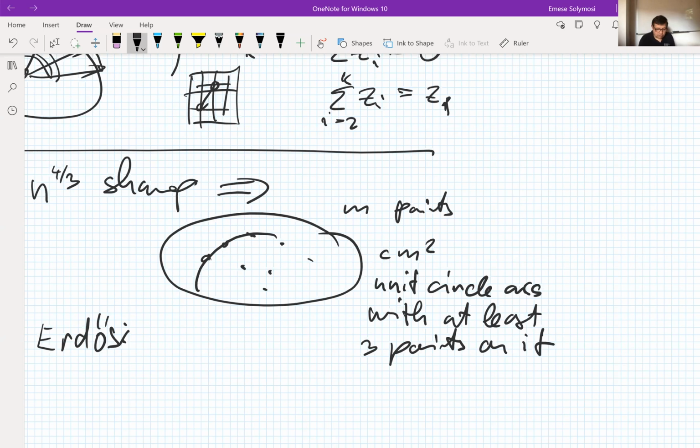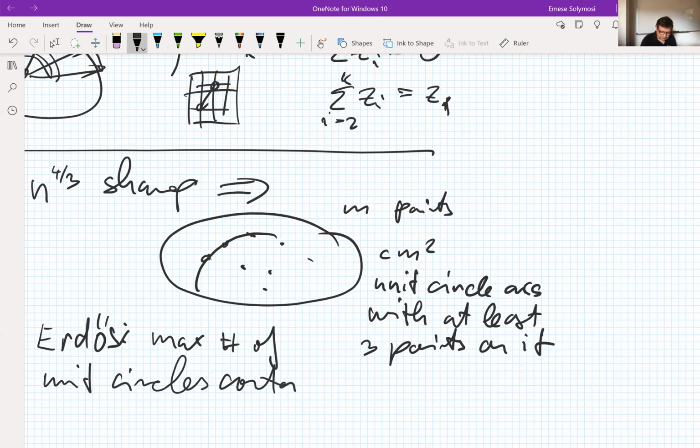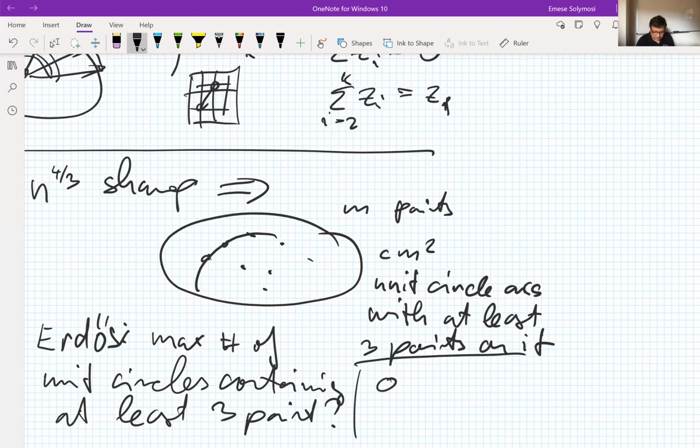And nobody knows. So, of course, if one can prove that this is little o of n squared, then this would go back and break the n to the 4/3 bound.